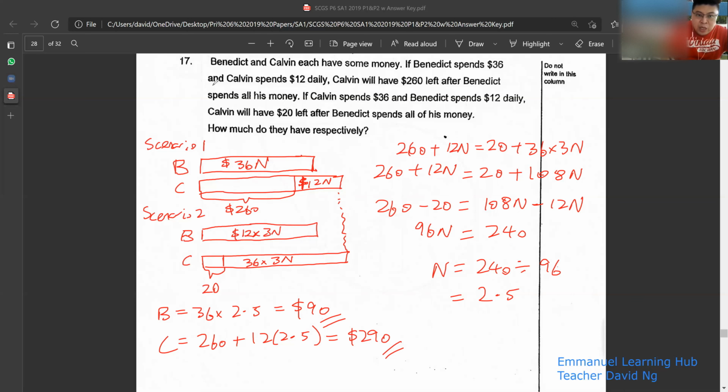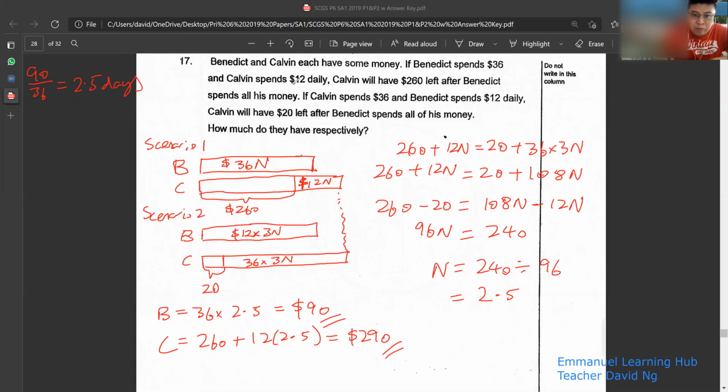If Benedict and Kelvin each have some money, Benedict spends $36 daily. So the number of days will be 90 divided by 36, which is 2.5 days.